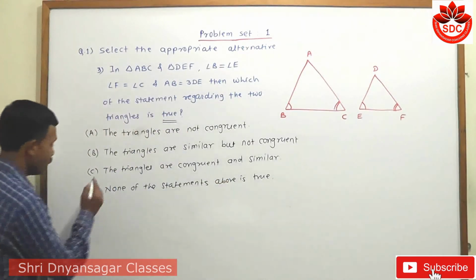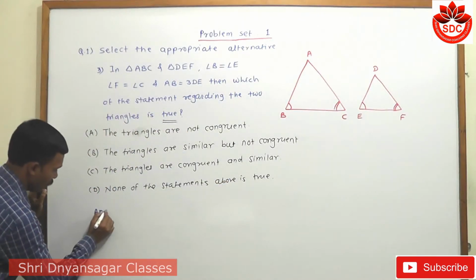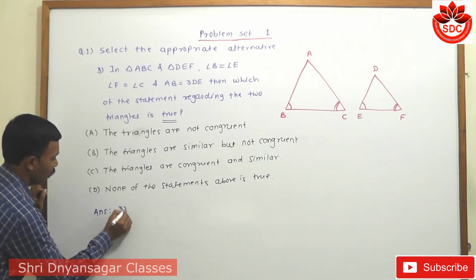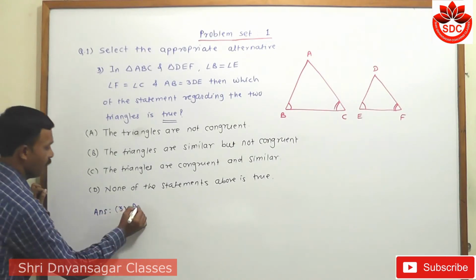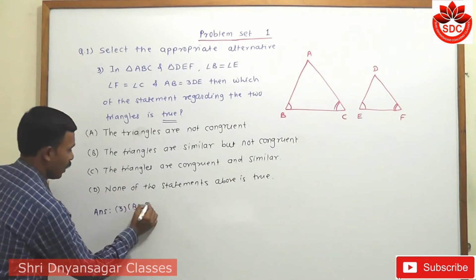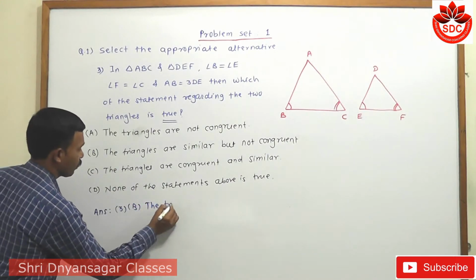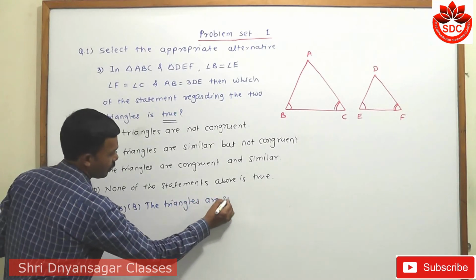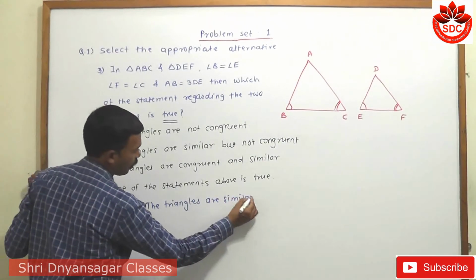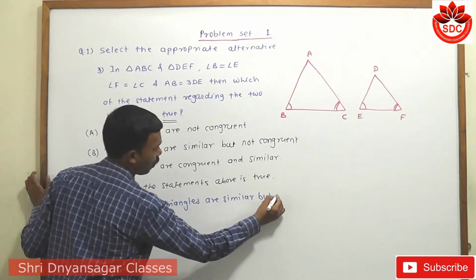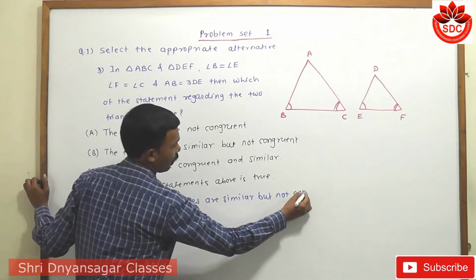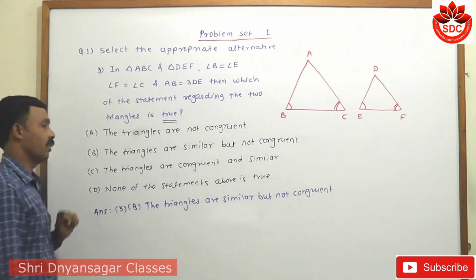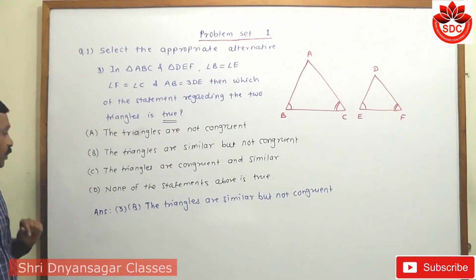So our answer to the third question is B, and this B is the triangles are similar but not congruent. This is our answer of question number third.